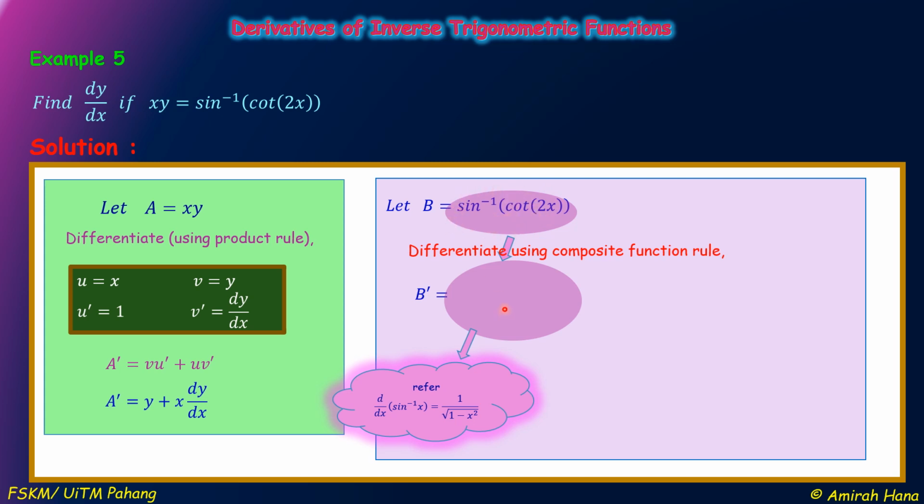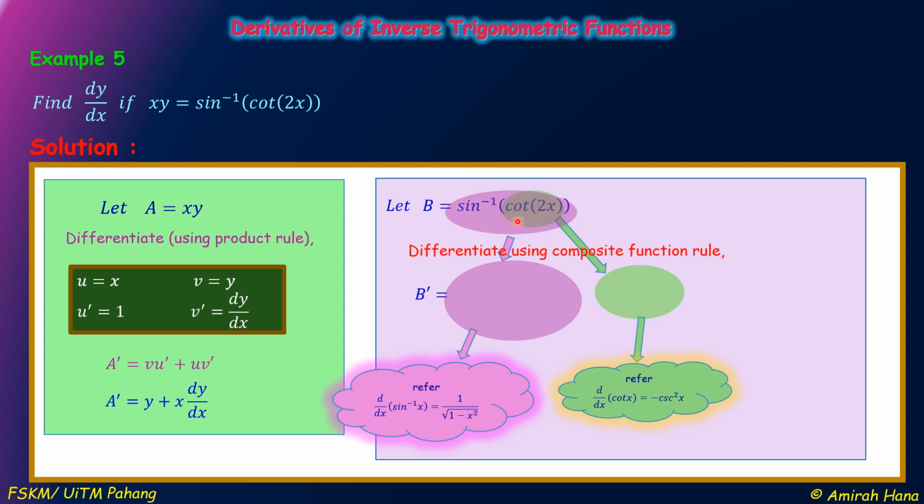To differentiate the composite function inverse sine cot 2x, we can draw a big circle here, and then refer to the simplest formula of the derivative of inverse sine, meaning single x here. The derivative of inverse sine x equals 1 over square root of 1 minus x squared. Then we draw the inner circle for the second composite function, cot 2x.